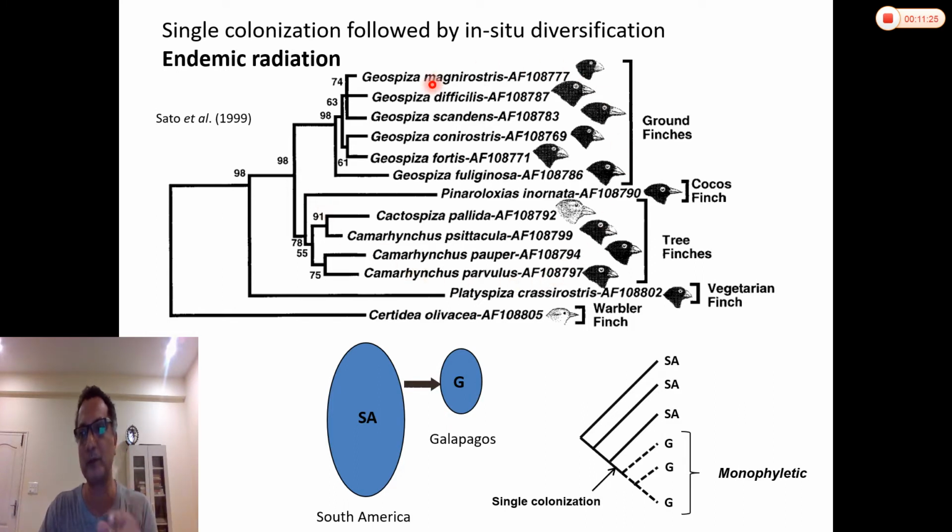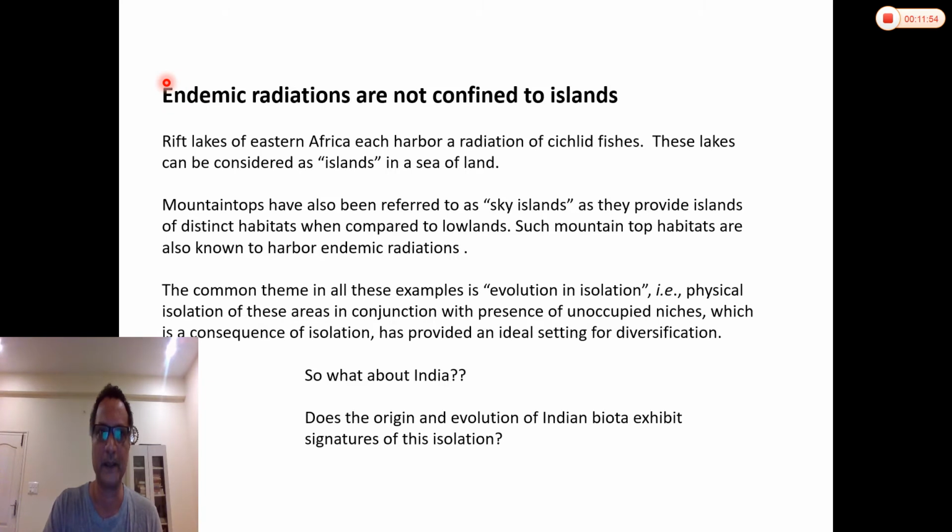So you expect radiations to have members that would be monophyletic. So this is single colonization followed by in situ diversification, and in islands we call it island radiation, and if it is in the mainland I usually call it endemic radiation, because all these species are endemic to that particular piece of land. Okay.